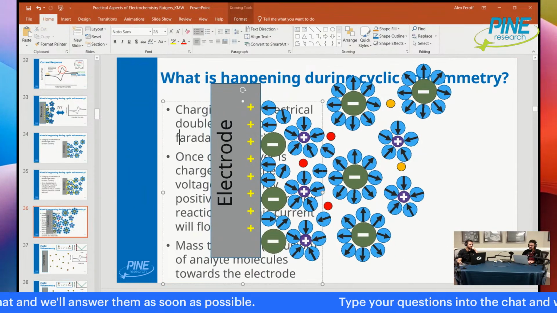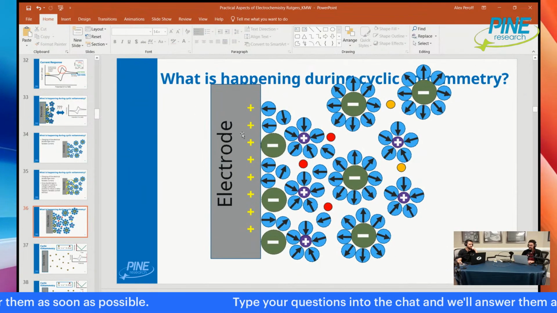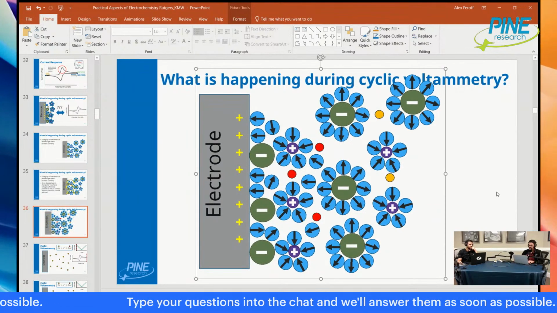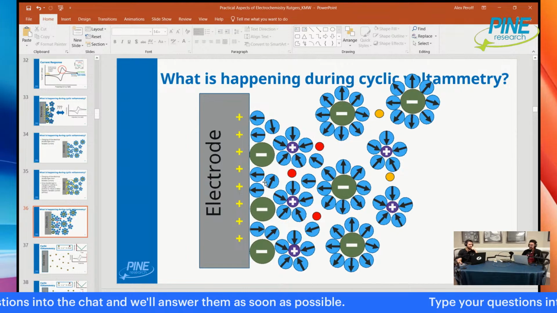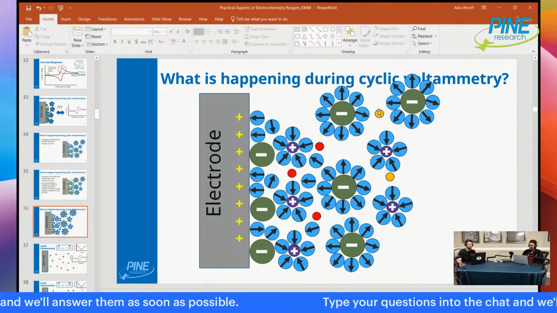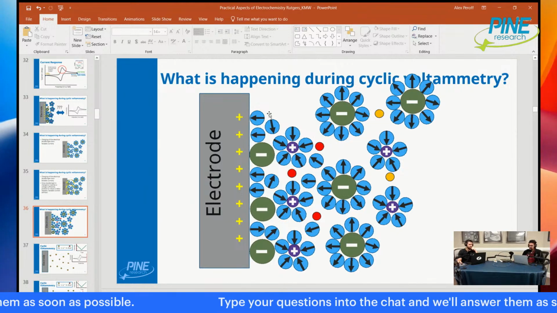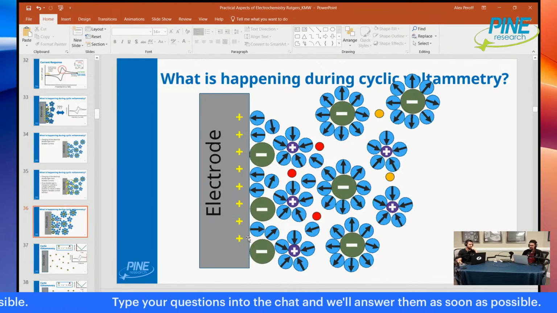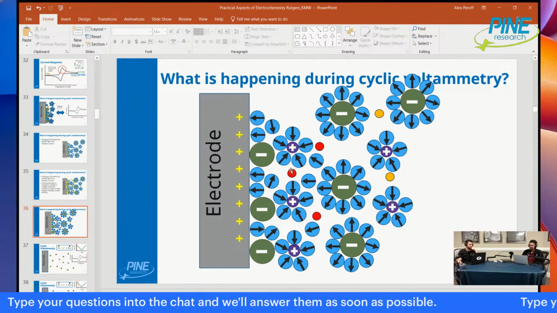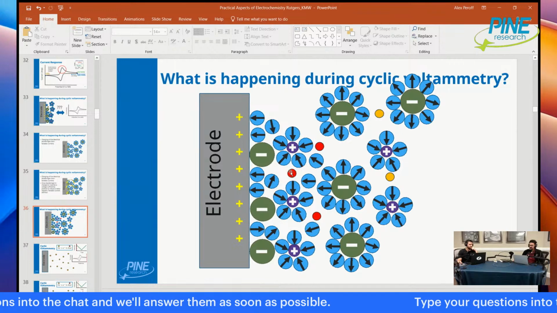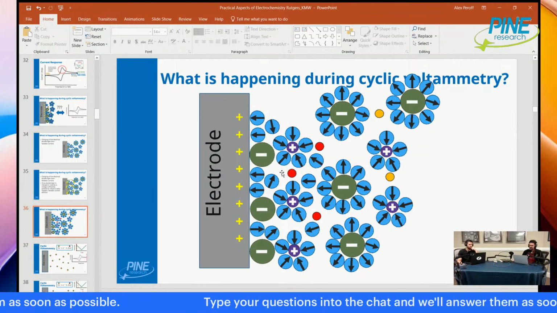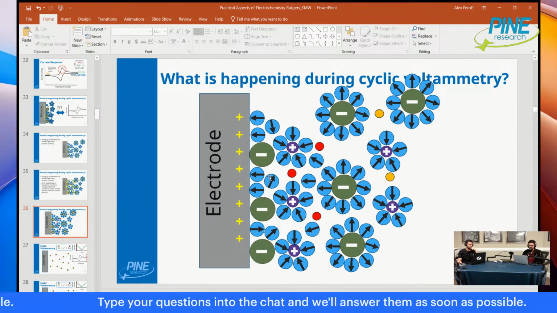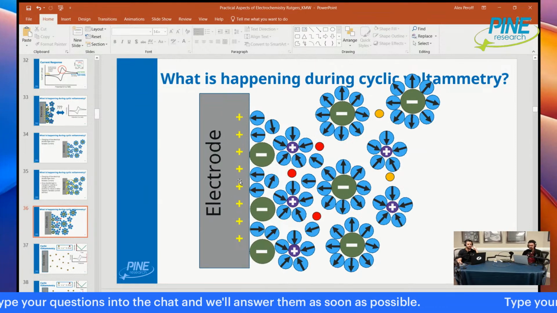So, and I'll just get rid of this for now. So basically, if we think of this as our electrochemical system, and I usually have these orange and red dots that are the redox species. This is the electrode surface. There are instances where the molecule needs to be at the electrode, chemically bonded to the electrode surface, for an electron transfer to occur.